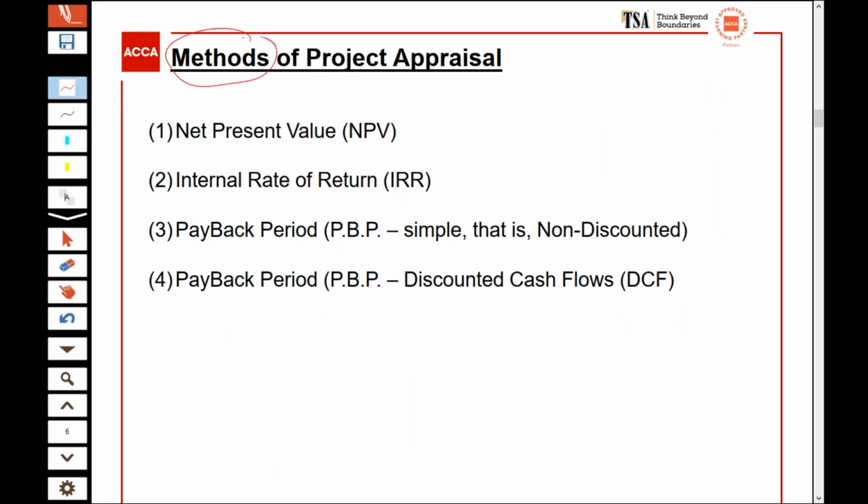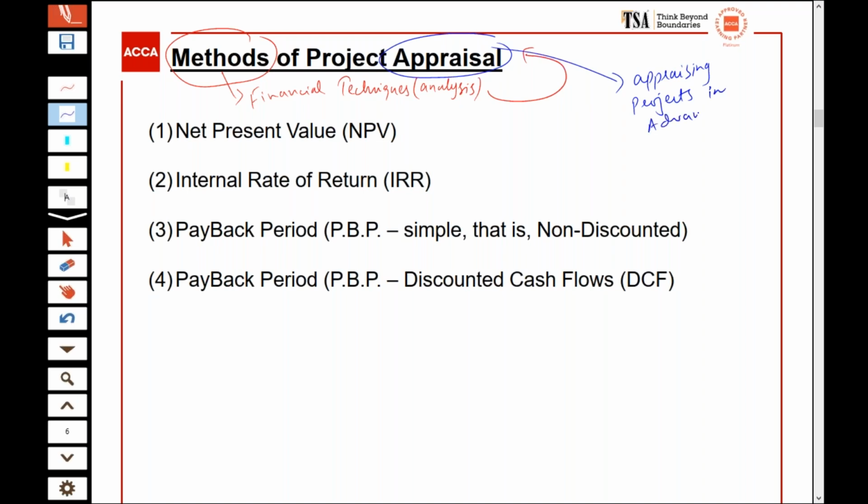These are the methods known as the financial techniques, the financial technique analysis of project appraisal, where we are appraising projects in advance.